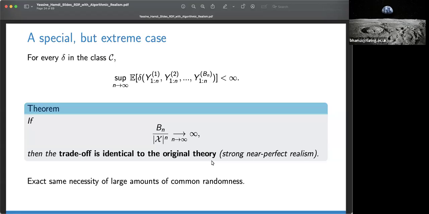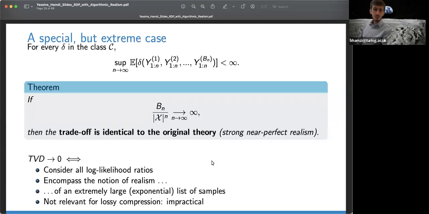So we recover exactly the same divergence-based constraint, total variation distance going to 0, meaning that our formalism becomes the same as what was done before. So we get the same role of common randomness, the same need for enormous amounts of common randomness if we give this enormous amount of samples to the critic.